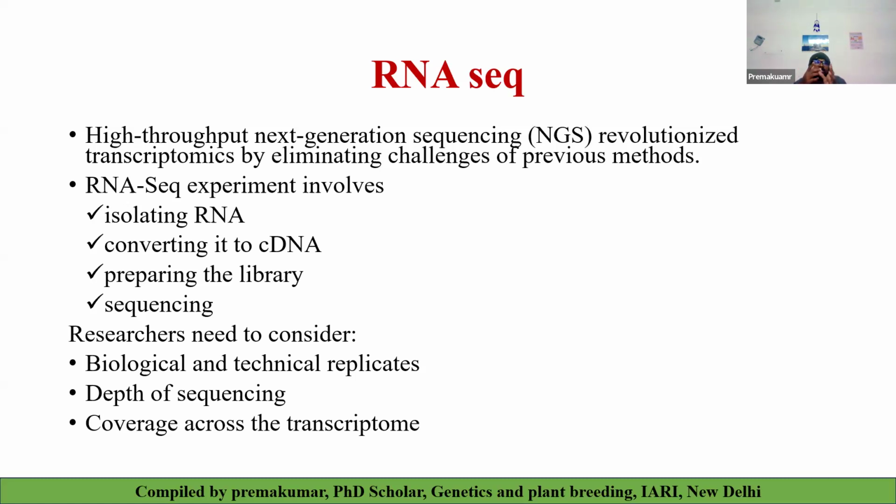But for pulses, in pigeon pea you just remember cytoplasmic male sterility, and in chickpea you remember some drought-tolerant varieties and some important traits. For oilseed crops, quality is very important. You should be able to judge which trait is important for which crop. That is up to you.